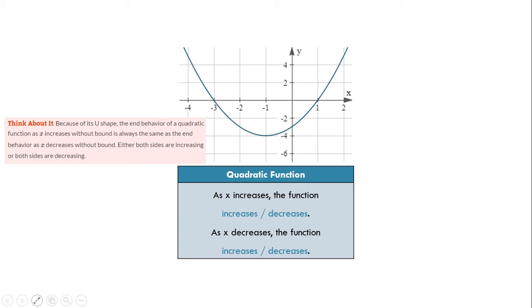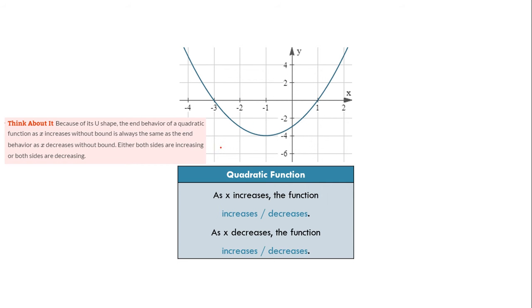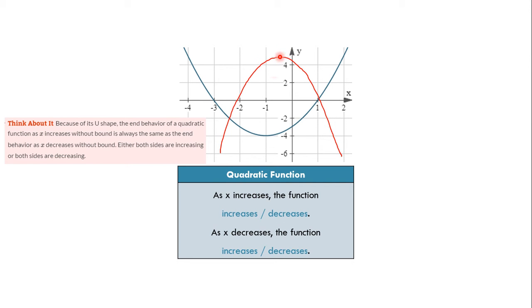And if I were to have a negative parabola, something that opened downward, it's the same principle. So as I'm increasing in my x's, I'm decreasing in my y's, and as I'm decreasing in my x's, I'm decreasing in my y's.